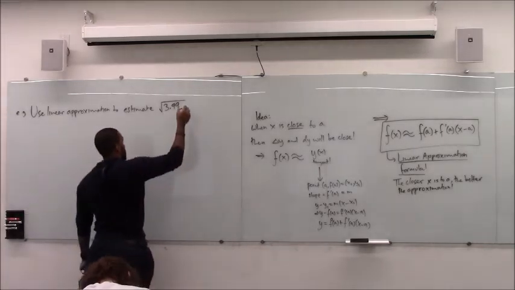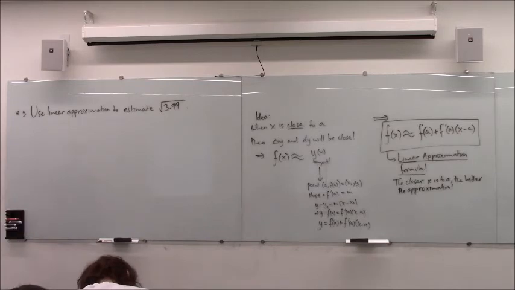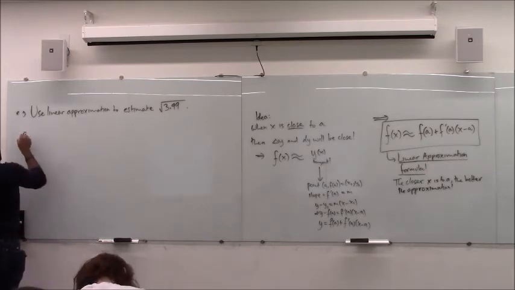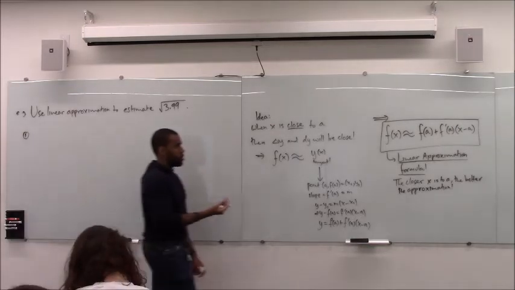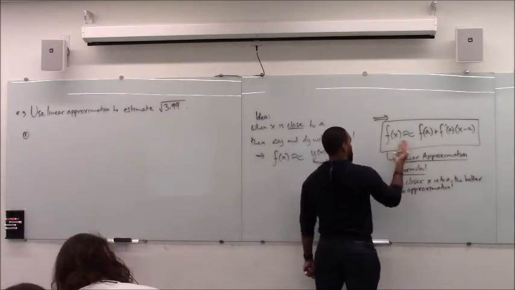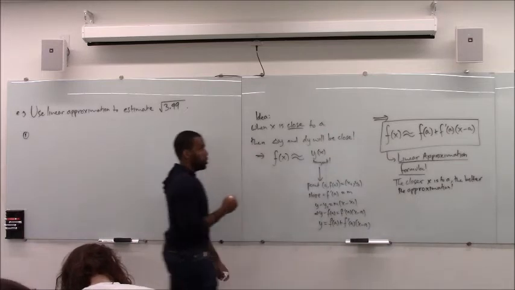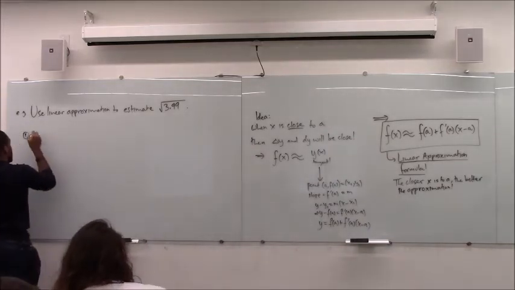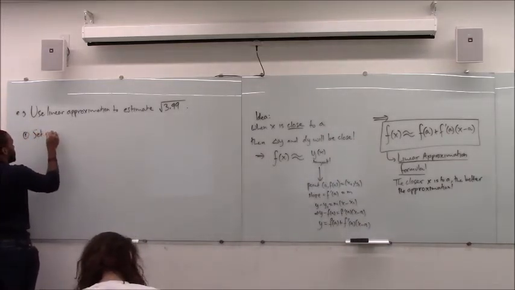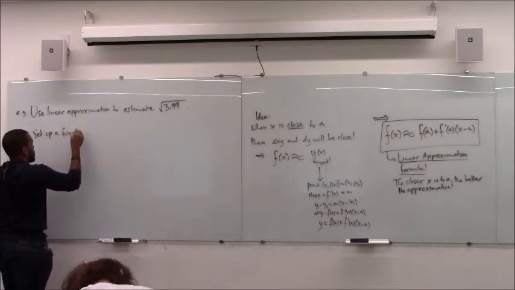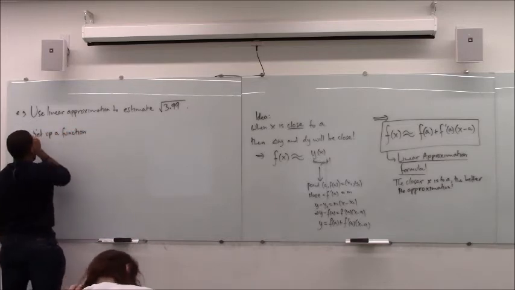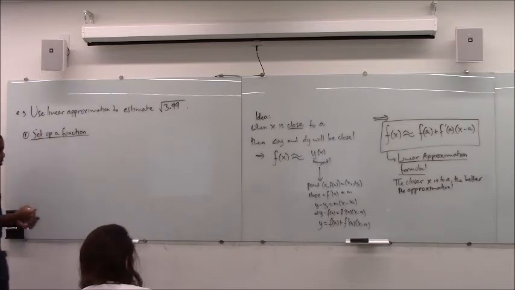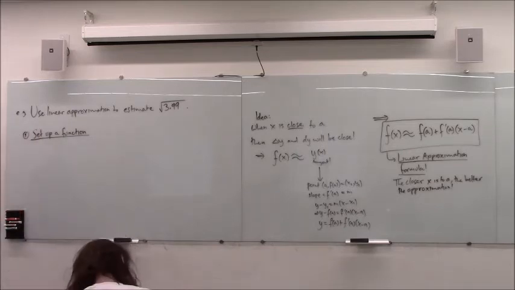Okay, so here's how you would go about doing it. So the first thing you're going to want to do is, of course, your formula here is talking about some function f of x. So it would be good to actually set up a function. Right? So I'm going to want to set up an appropriate function that is going to somehow, its outputs are going to help me get to the square root of 3.99.